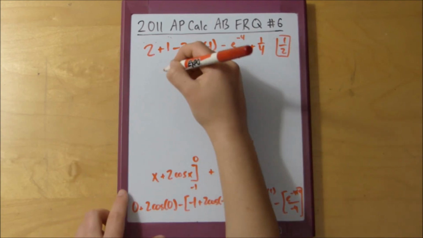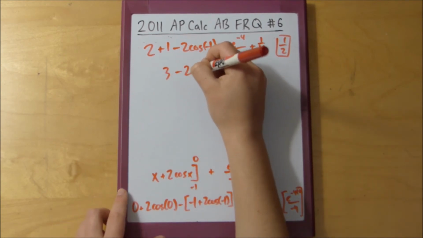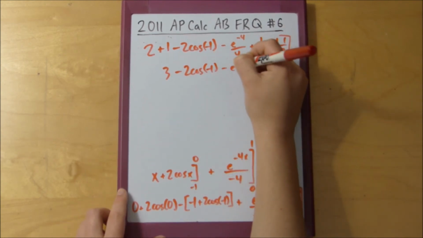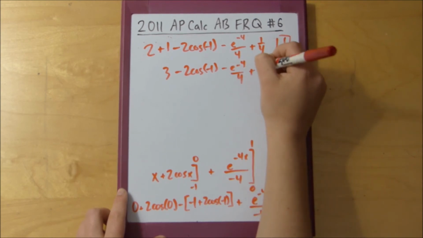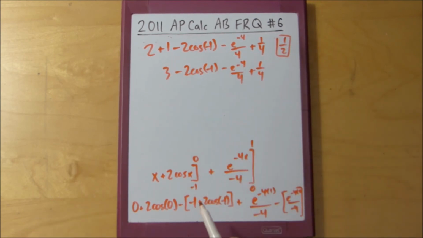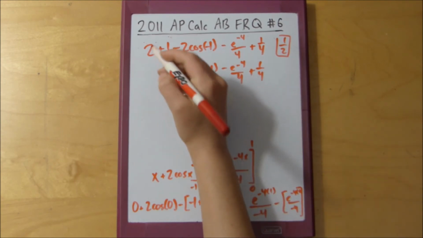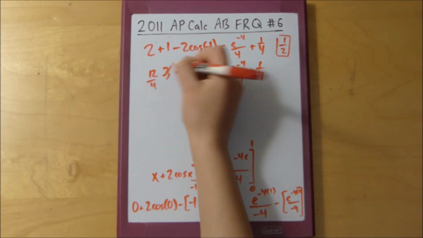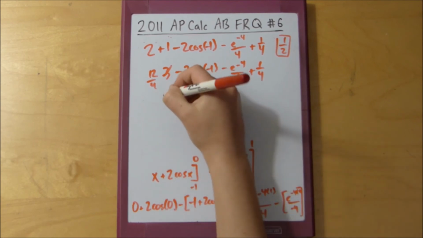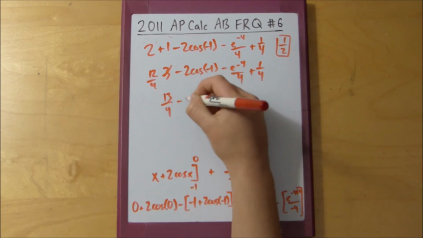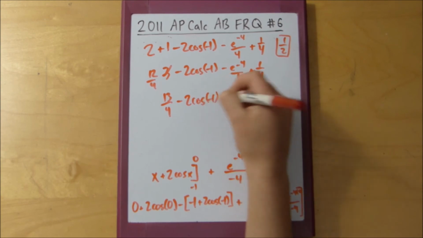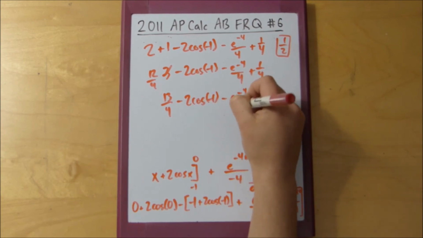And now let's just clean this up a little. 3 minus 2 cosine of negative 1 minus e to the negative 4 over 4 plus 1/4, right? Just added these two together. Now we can rewrite 3 as 12/4, so that we can add these two terms together. So we get 13/4 minus 2 cosine of negative 1 minus e to the negative 4 over 4.